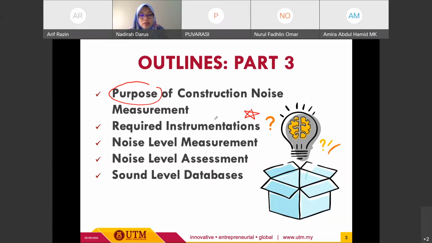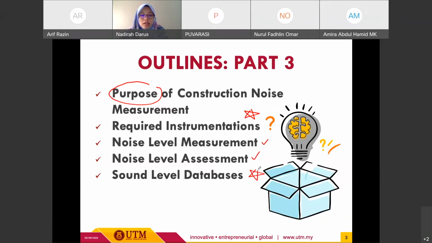In our case, we are focusing on construction noise, right? So proceed with this one. We will briefly cover noise level measurement and then assessment. At the end, I will also share about sound level databases.